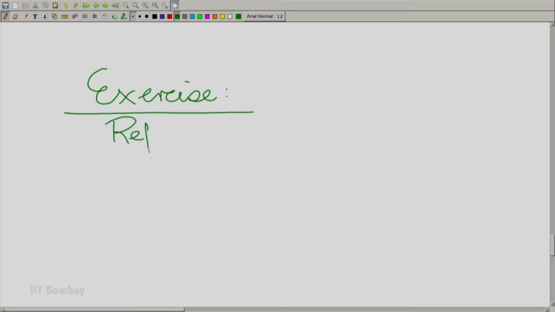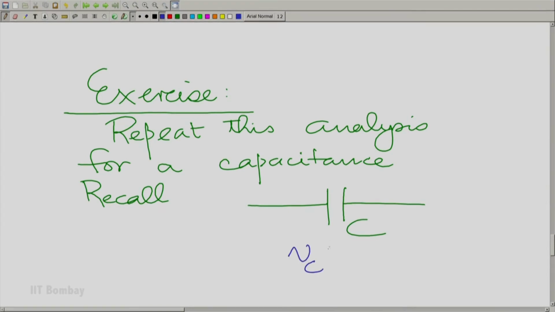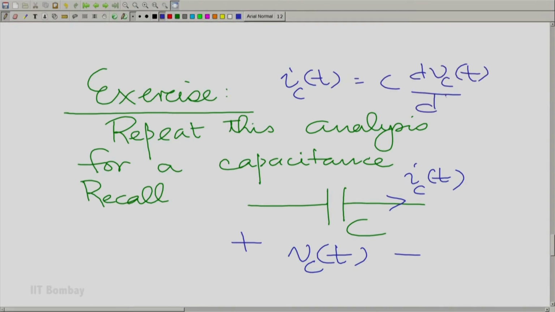Let me write down that exercise. I am going to leave an exercise for you to do. The exercise is repeat this analysis for a capacitor. Recall that for a capacitance of value C, with a voltage of v_C(t) across it and a current of i_C(t), we have i_C(t) is C times dv_C(t)/dt.